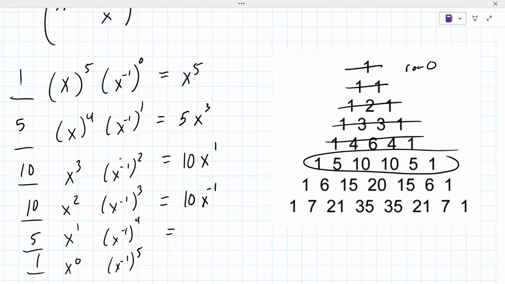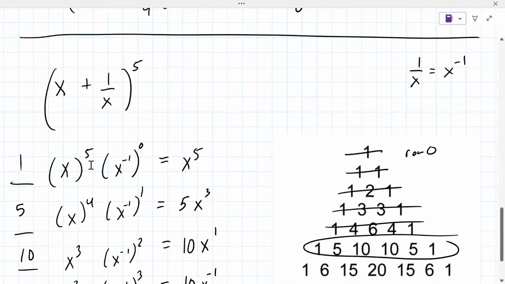This is 5x to the minus 3, and then this is x to the minus 5. Is that okay? Sort of? You say yes? Wait, can you scroll back up just a little bit? Sure.